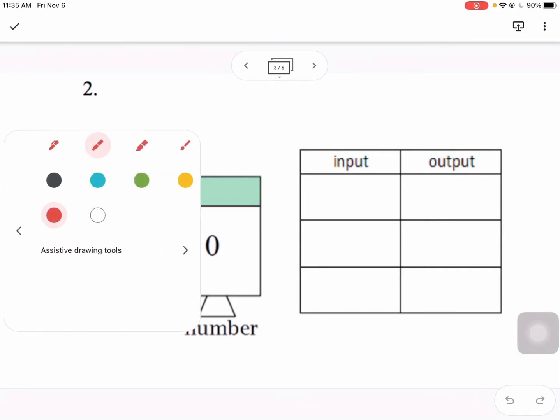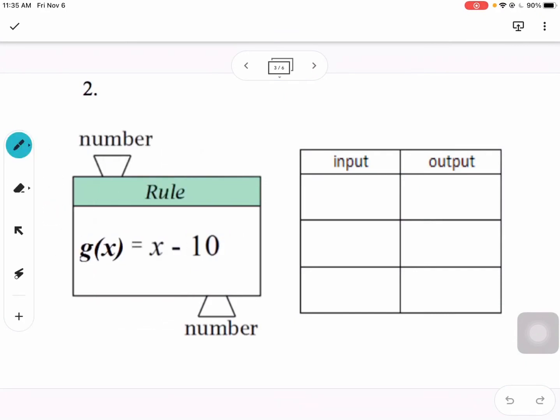So we can do the same thing using an equation. This time our input is a number that we're inputting for x, and our output is what we get after we input our number into that equation. So let's just pick 3 inputs. I'm going to say 0, 10.